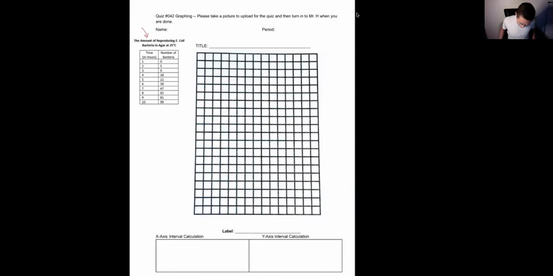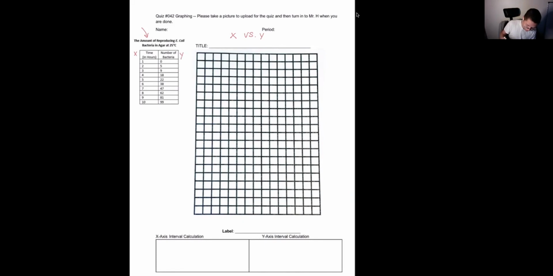And so the first thing we are going to do is look at our title, and we have to follow a specific format. And so we are going to use X versus Y. So that means that we are going to take our independent variable, which is time, and we are going to take our dependent variable, which is our bacteria.